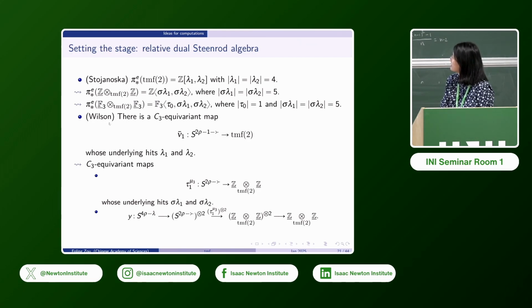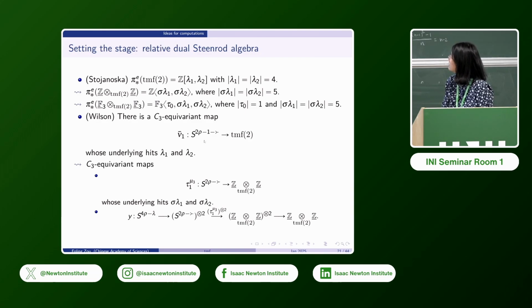In Dylan's thesis, he constructed a C3-equivariant map from this spoke representation, 2 rho minus 1 minus spoke, to TMF2, whose underlying map hits precisely this lambda 1 and lambda 2. So this homotopy group at degree 4 is realized by an equivariant map.